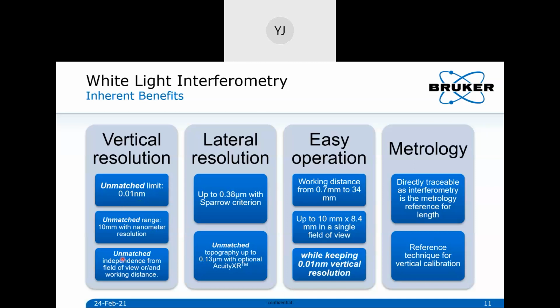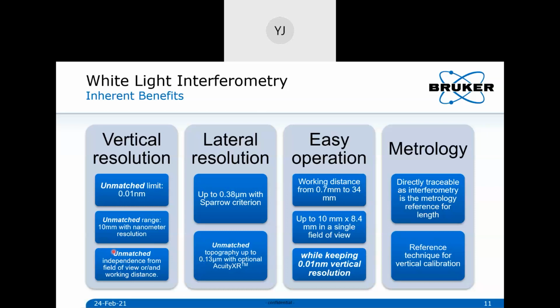And independence from field of view or working distance. What that means is that because we rely on the interference pattern and then calculate the surface, it is independent of whether I use a 5x objective or a 50x objective, right? To have a roughness, which is a statistical parameter, the larger the area, the better it is.